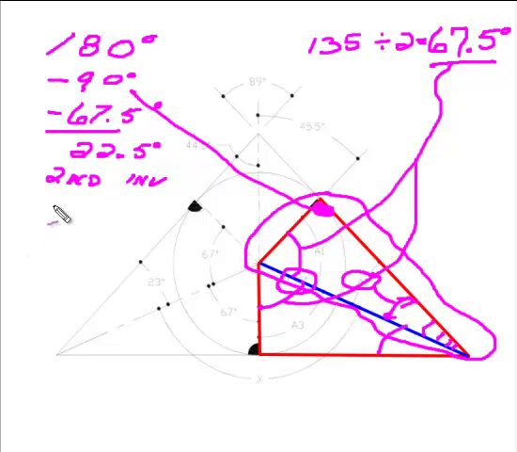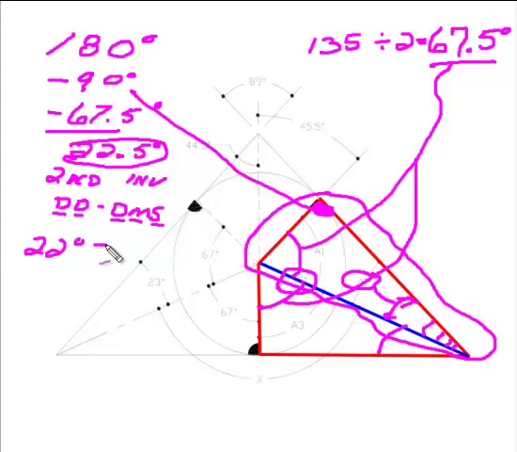Hit that key, and then hit the DMS key, decimal degrees to degrees, minutes, seconds. Decimal degrees, that's what we have here, to degrees, minutes, and seconds, and it's going to tell you that it's 22 degrees, 30 minutes. Okay, so that's what A2 is going to be, angle A2.